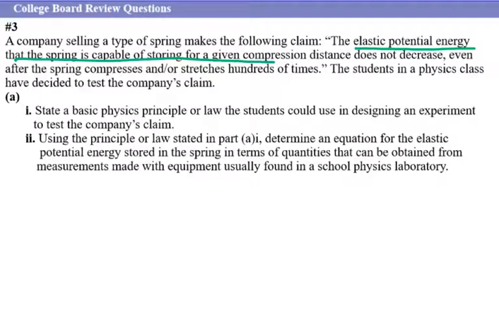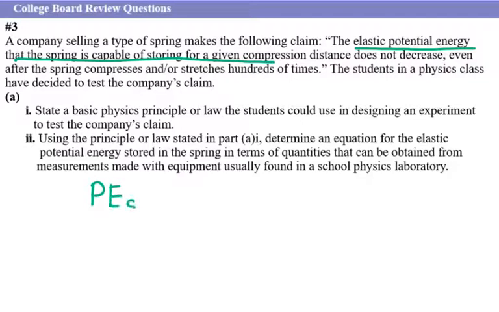So when they say state the basic physics principle or law the students could use to test the company's claim, you could say conservation of energy. And how you would do this, you would stretch the spring a certain distance x and calculate the potential energy of the spring.